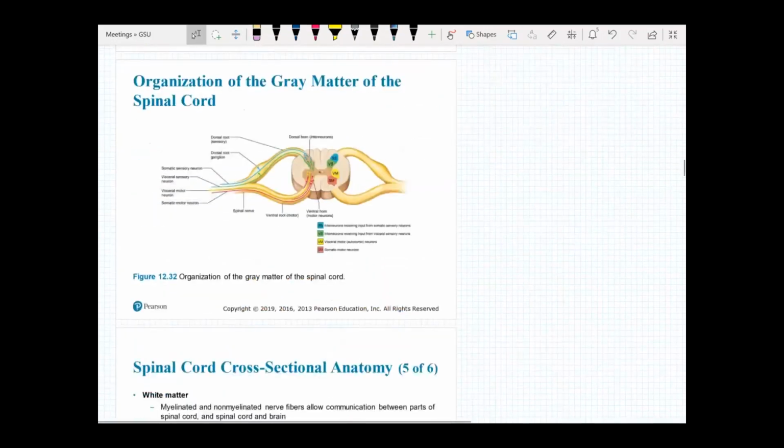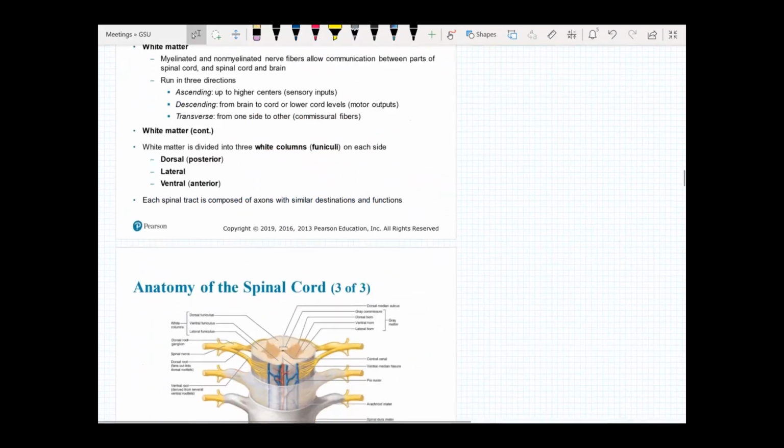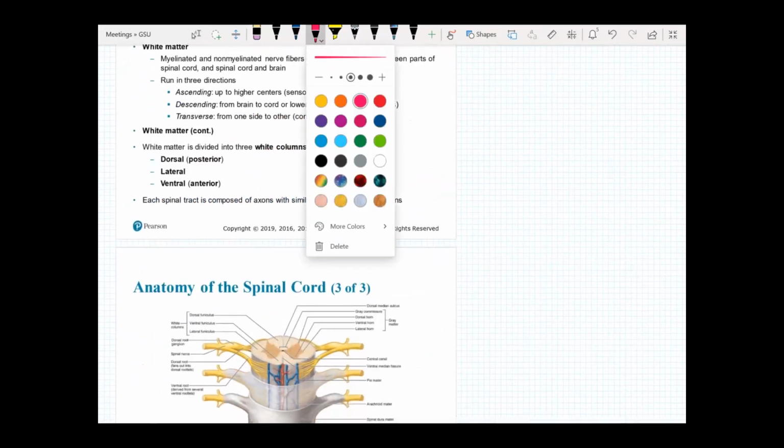Okay, so here's another way where you can see this whole process of information coming in and information going out. There's also going to be all of the white matter. All of the white matter is everything else that is around that gray matter, or that butterfly. So it's all of these other pieces.